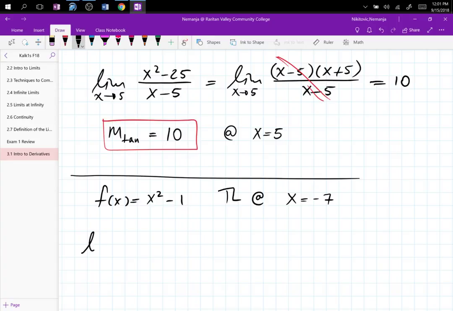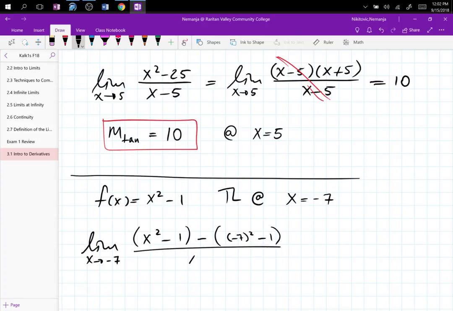Well, from scratch, limit x goes to -7 of x squared minus 1 minus negative 7 squared minus 1 over x plus 7 this time, right? x minus a, minus a minus gives you plus.